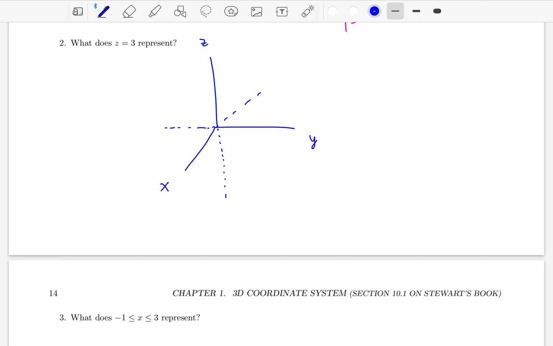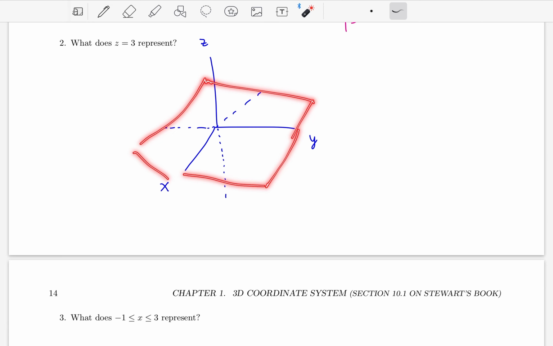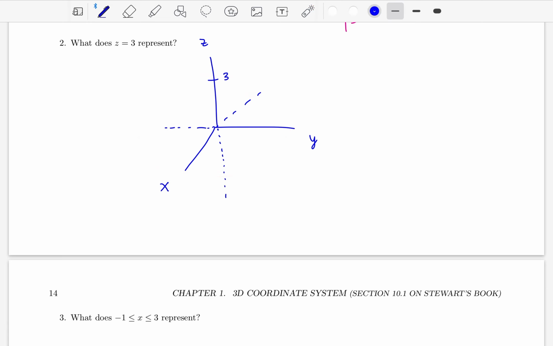Okay, so long story short, if I'm doing z equals 3, it's like I take my xy plane, and I'm going to move it up 3 units. So if this is 3, it's like, again, I take my xy plane and I move it up 3 units. So I'm here, now 3 units. Okay?